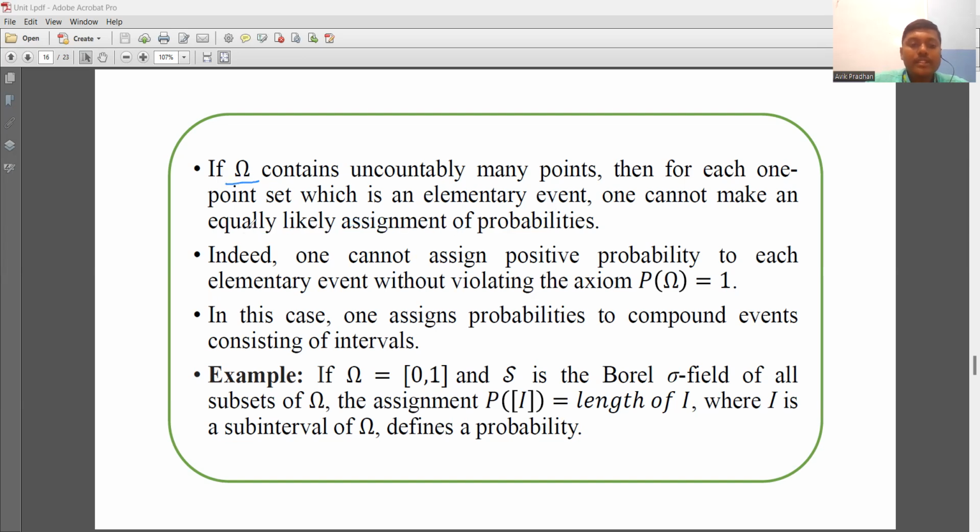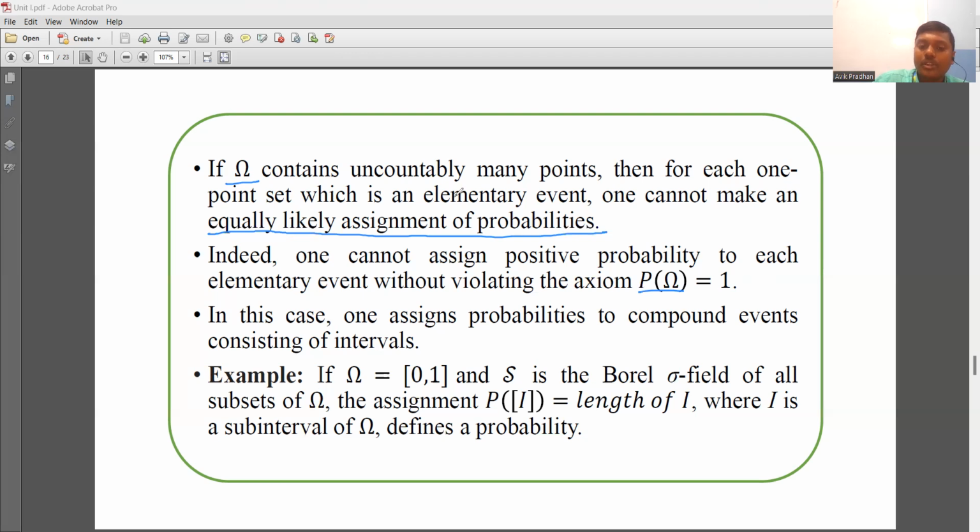In this case, I have infinitely many points. If I put an equally likely probability for each and every elementary event, then it will violate the second axiom of the axiomatic definition. That means the probability of omega, the sample space, is not equal to 1 in that case, because in the set omega we have infinitely many points, which are actually uncountably many.